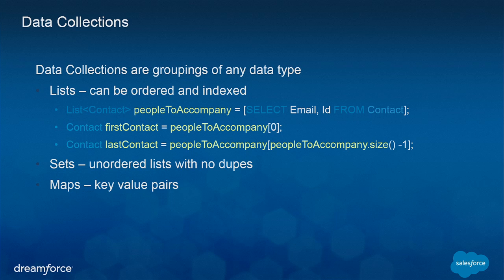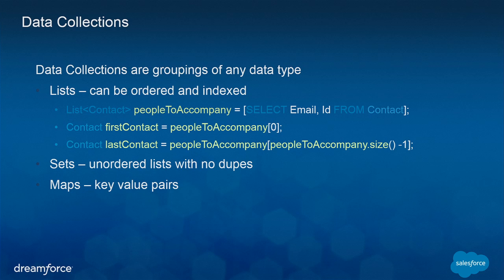Sets are like lists, but they are unordered and you can't have duplicates. We all know that there are cases where there's data that we might have duplicated in Salesforce. Maybe your contacts are unique to the contact owners, so you might actually want to have duplicate contacts in that case. You could use sets to deal with situations like that.